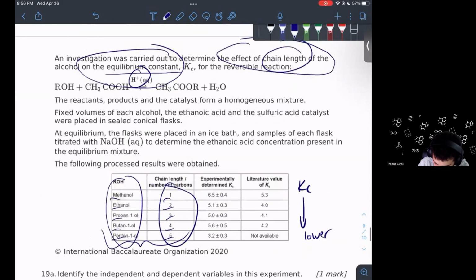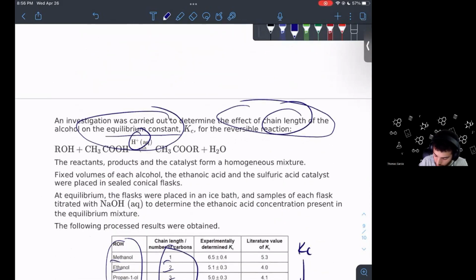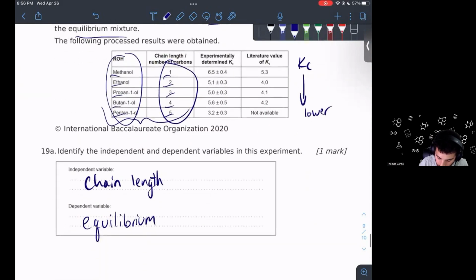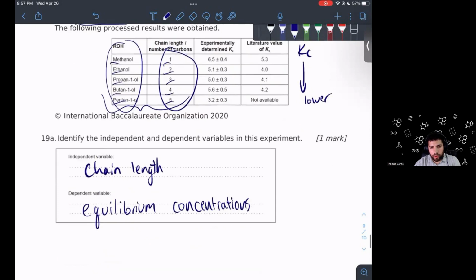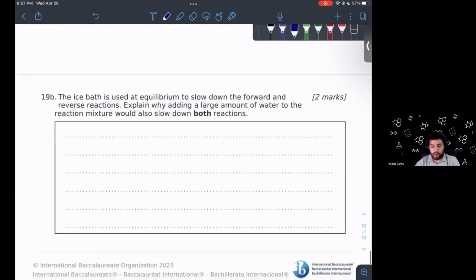And specifically, they say to determine ethanoic acid concentration present in the equilibrium mixture. So our dependent variable is equilibrium concentrations. My big hint for these ones is just read the text because honestly, the answers are there. All right, so that's our independent and dependent.